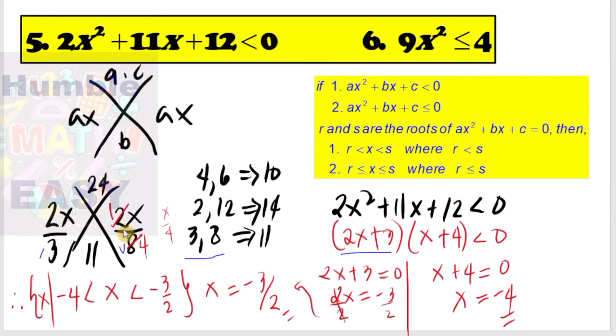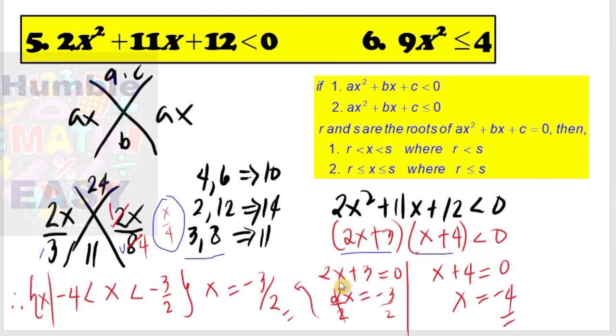We are going to simplify that first. 2 and 8 are divisible by 2, so 2 divided by 2 is 1, and 8 divided by 2 is 4, so it became x over 4. And so the second factor that we have is x plus 4. Now, we are going to equate both factors to be 0.